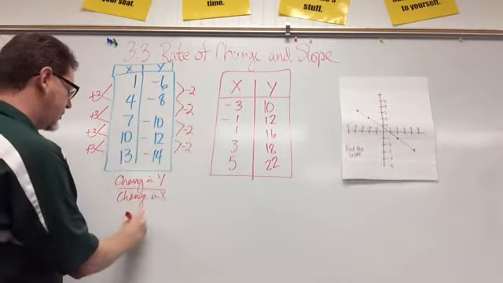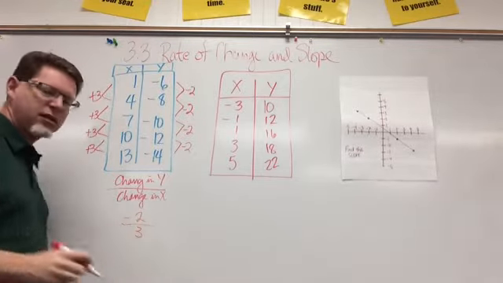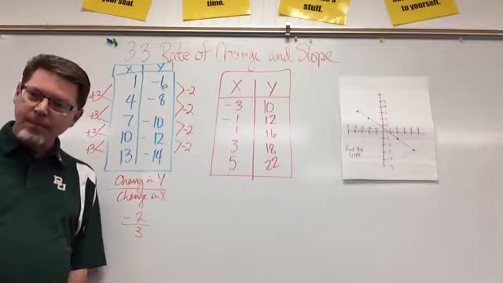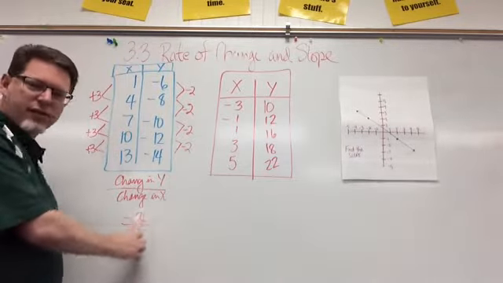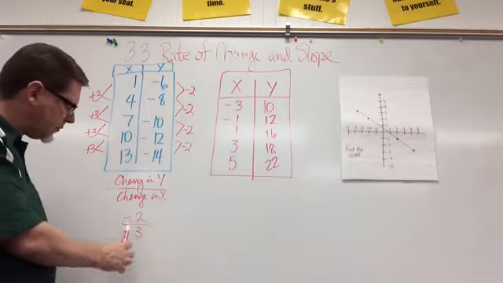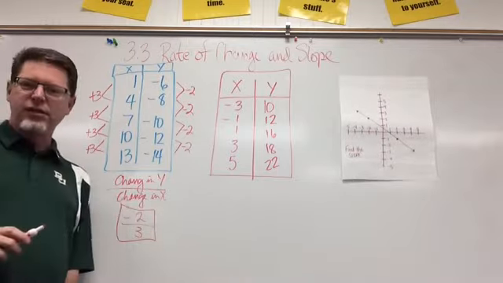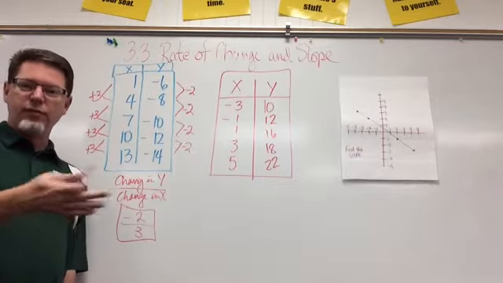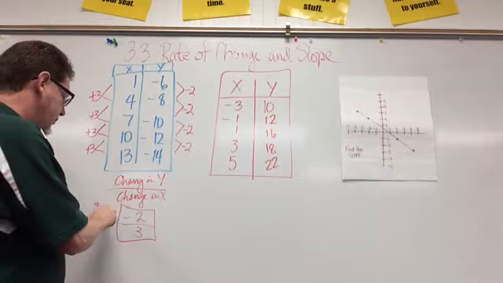So I have -2 over the change in the x is 3. It was constant. They're all the same. That actually makes this a linear function because the constant rate of change is the same. And this -2/3, because it can't be simplified, is also, you might remember, my slope. Okay? So this is also the slope.